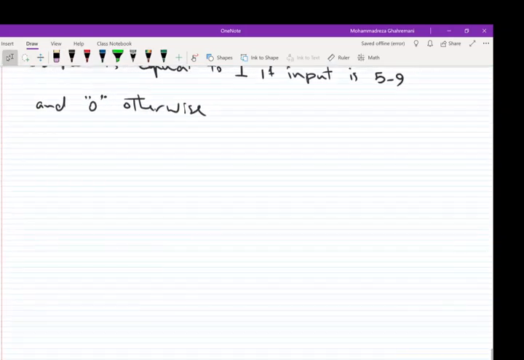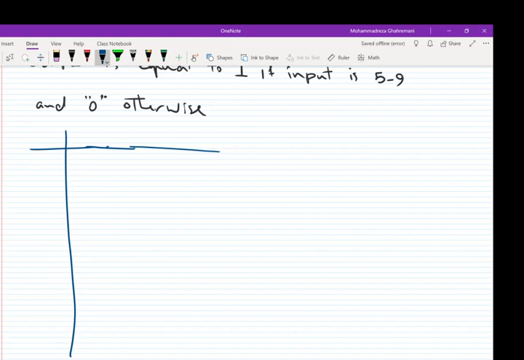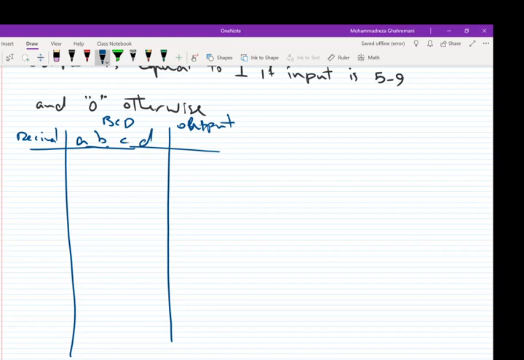The first thing we need is to draw the truth table. So the decimal value is here, the BCD value is here, and the output is here. BCD, of course, has 4 variables, and the output is the function.